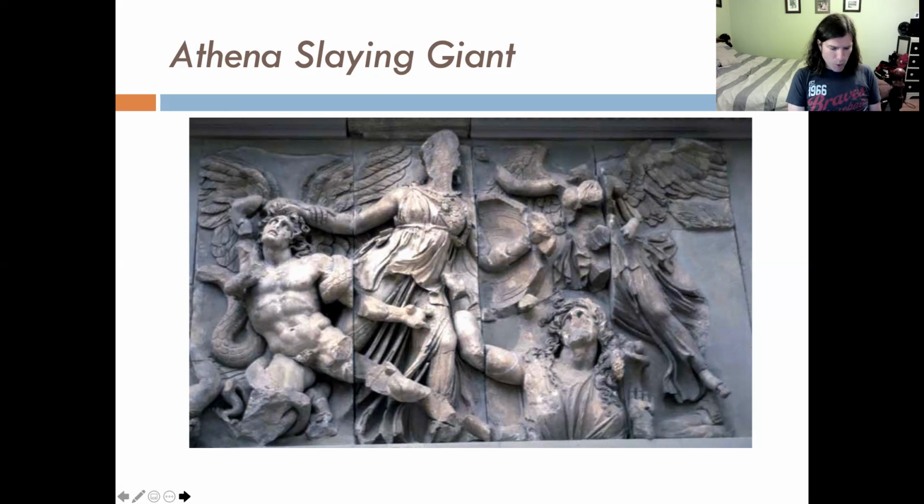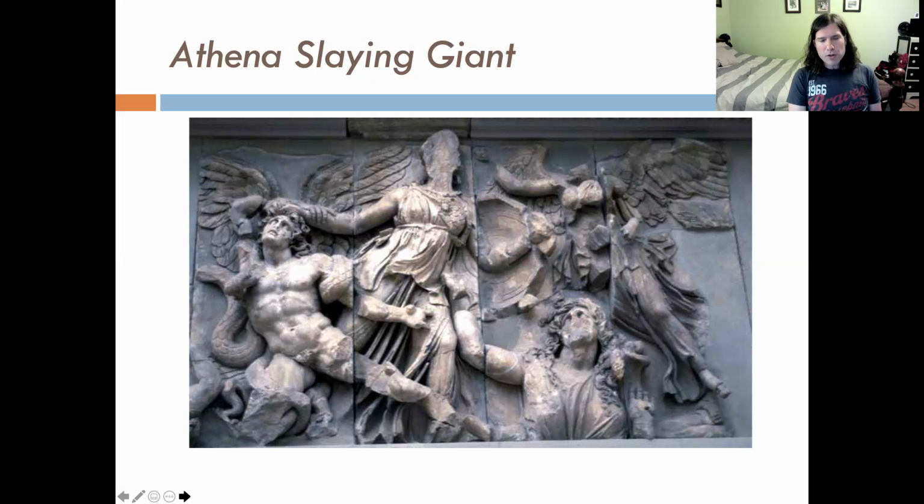Athena slaying one of the giants named Alcyoneus. Don't worry about the name. And to her right, at least from our perspective, is Gaia, the goddess Gaia, who is the mother of Alcyoneus. And clearly Athena is prevailing in this particular contest.